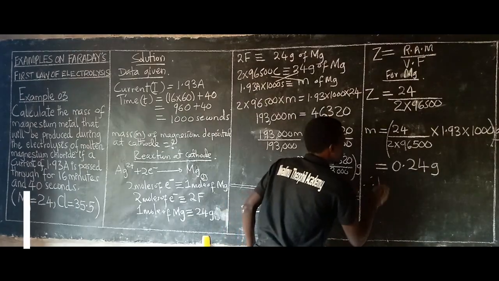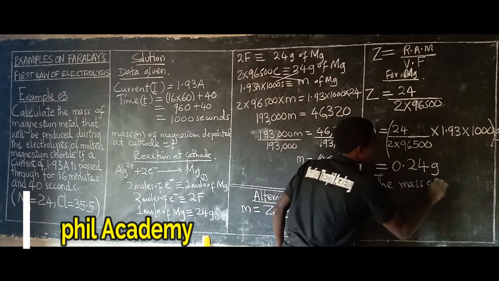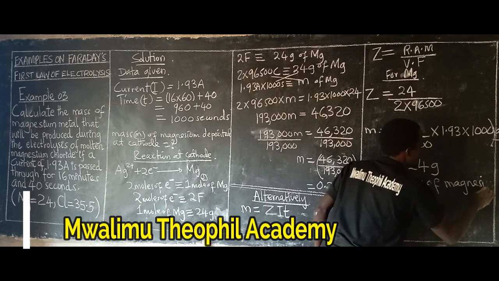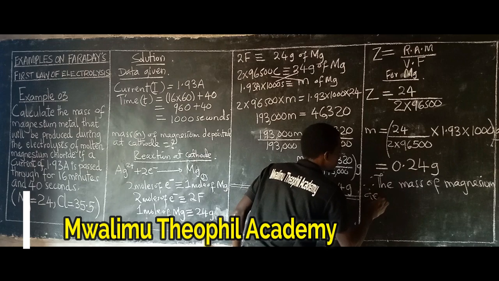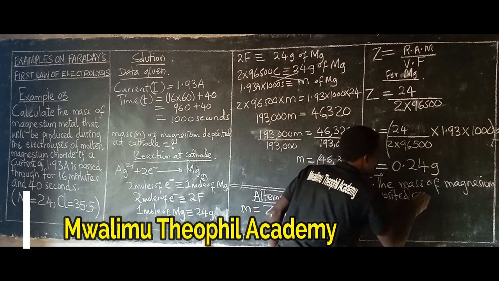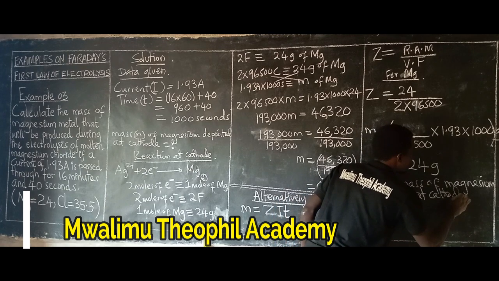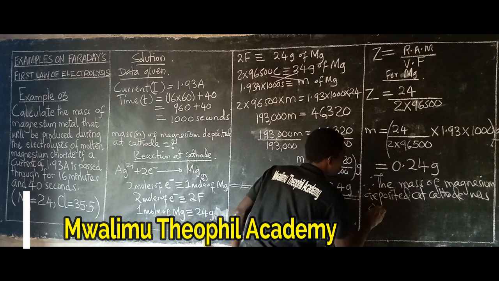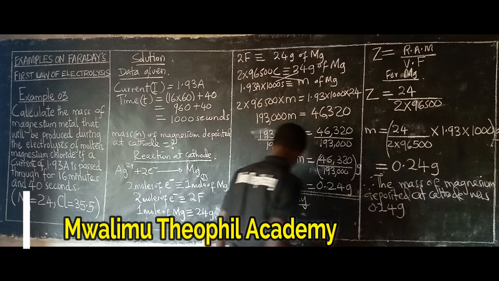So here we conclude that the mass of magnesium deposited at the cathode was 0.24 gram.